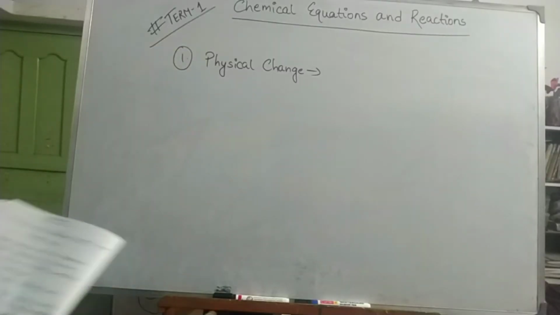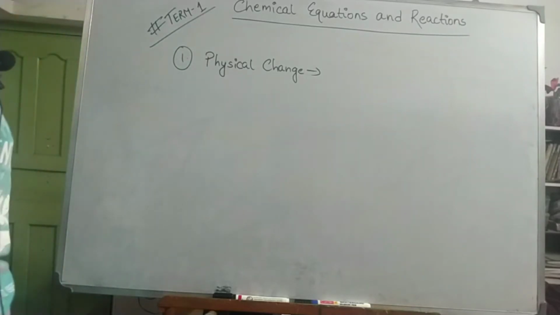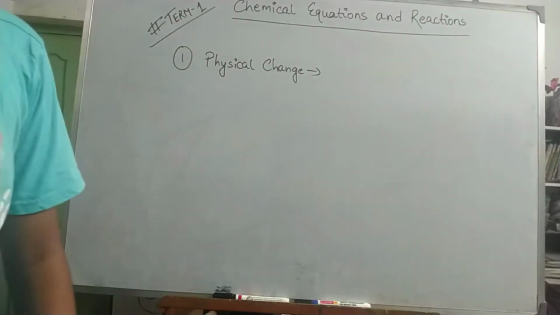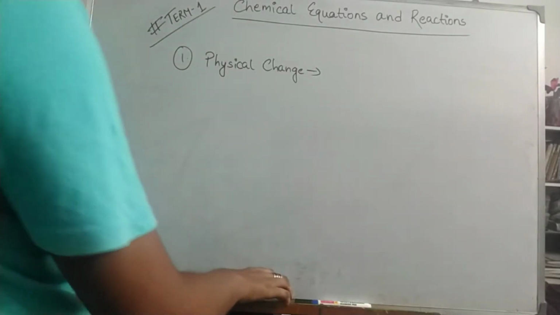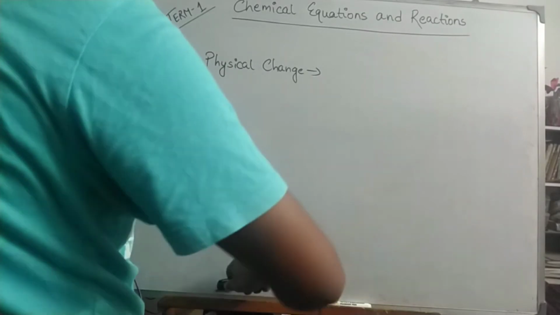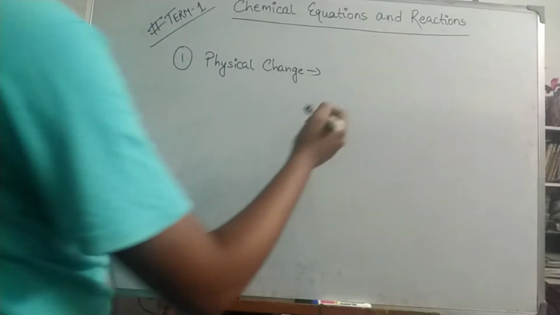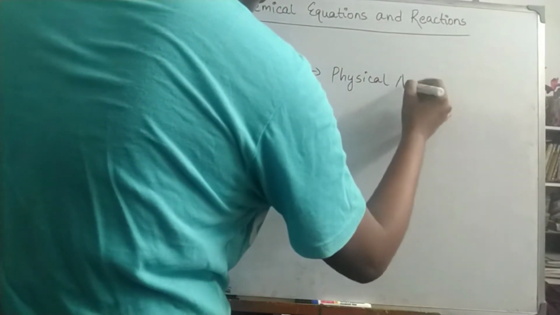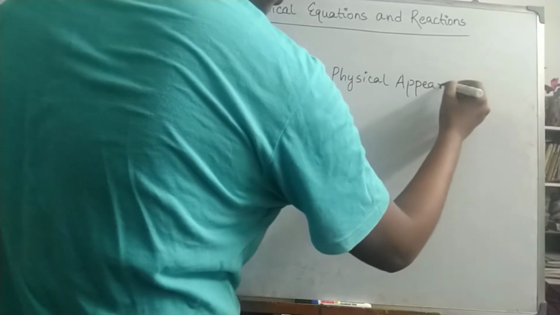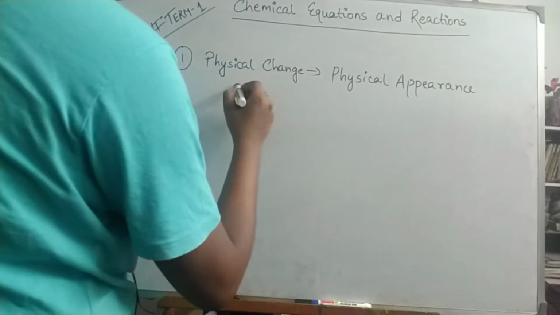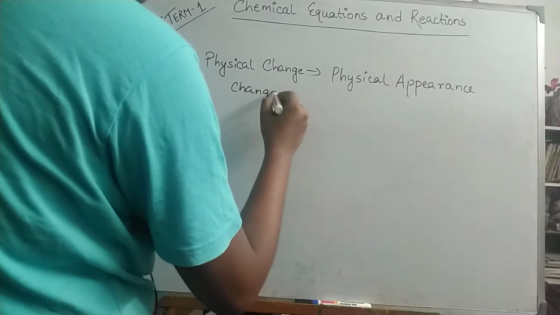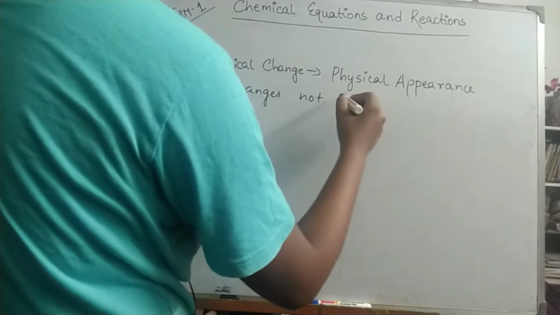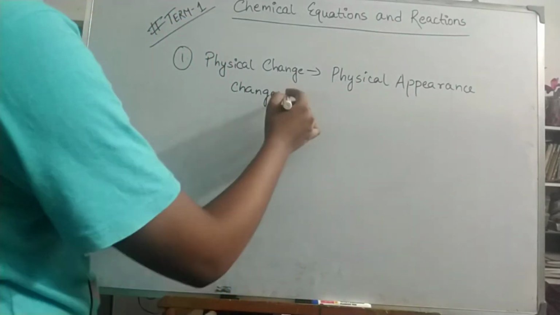So now I will start chemical equations and reactions, which is there in term 1. First we will learn about physical change. I will explain it very shortly. Only physical appearance changes, not only physical appearance changes.